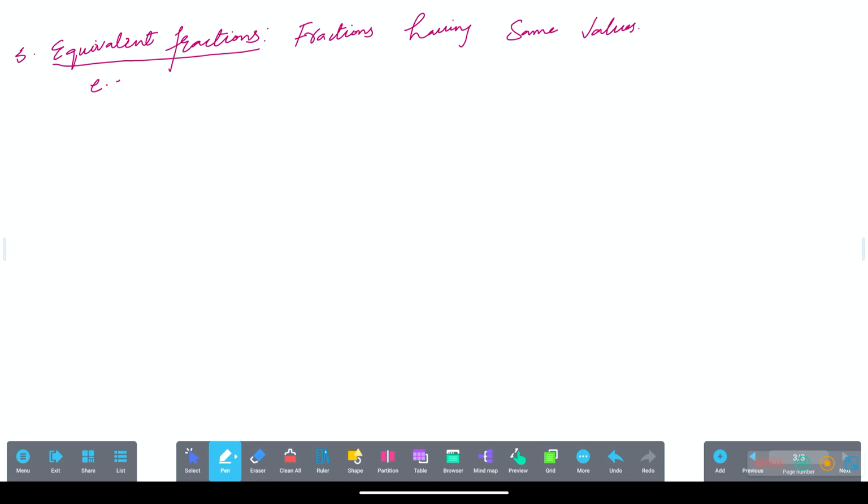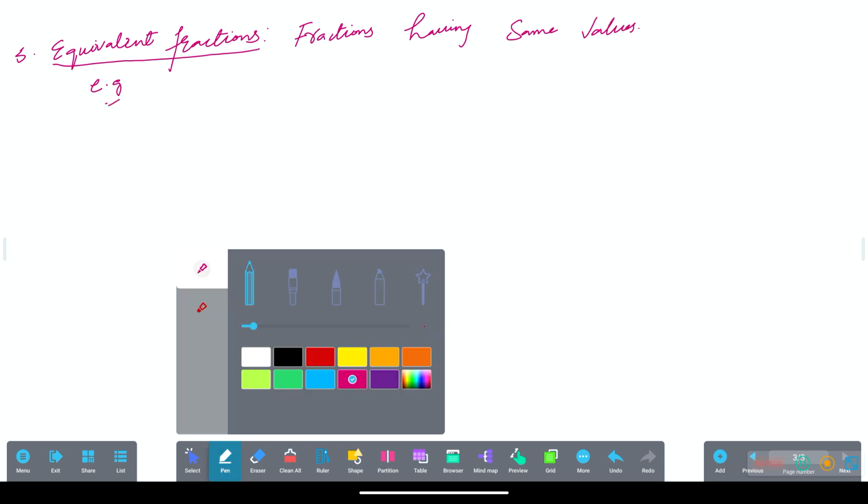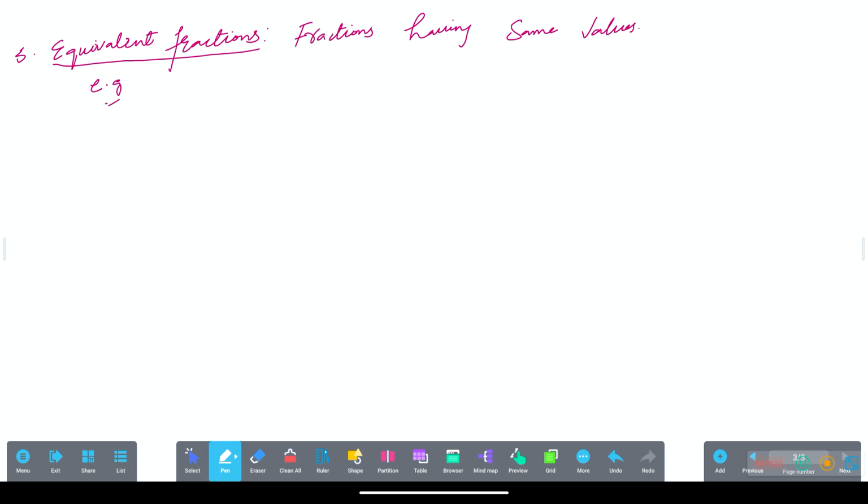Example, you can pen down the example here. I am writing 100 by 200. I am writing 50 by 100. I am writing 1 by 2. These are the first equivalent fractions. They all will be equal to 1 by 2 after doing a bit of cancellation.